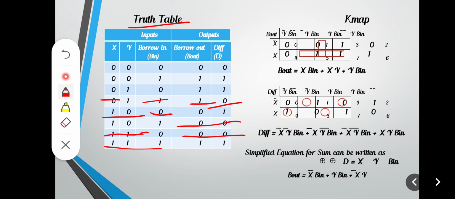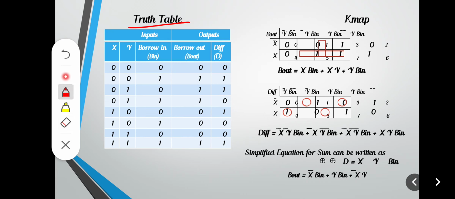Likewise in the last, 8th row, 1 minus 1 is equal to 0 and 0 minus 1 is equal to 1, but in this case we will also have a borrow, and the difference output is 1 and the borrow output is also 1.